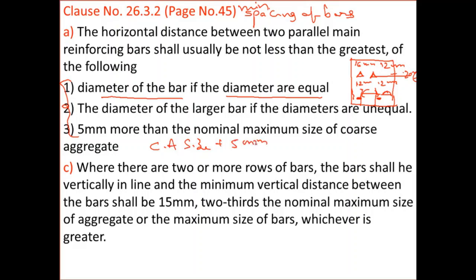Of these conditions, whichever is maximum should be the minimum horizontal distance between the bars.